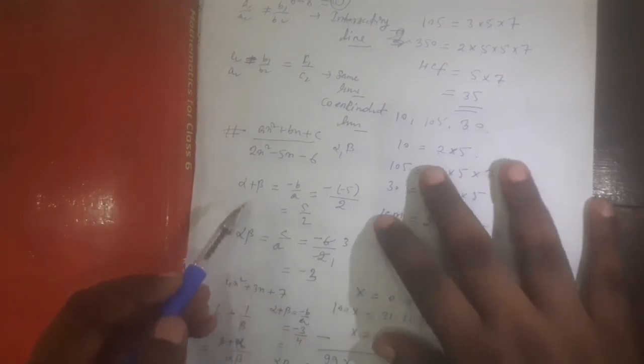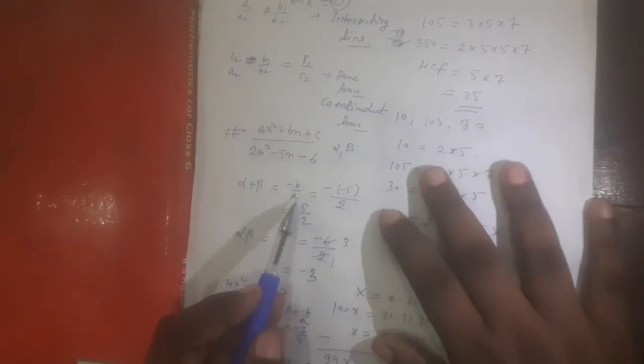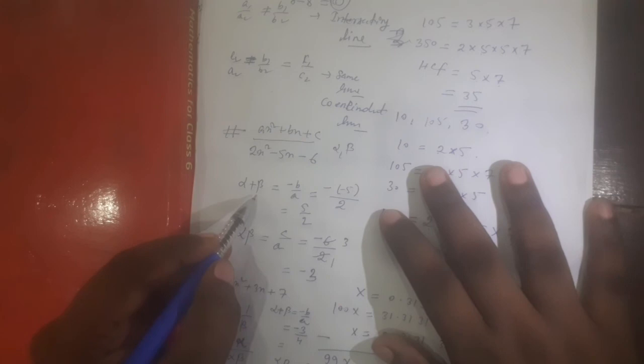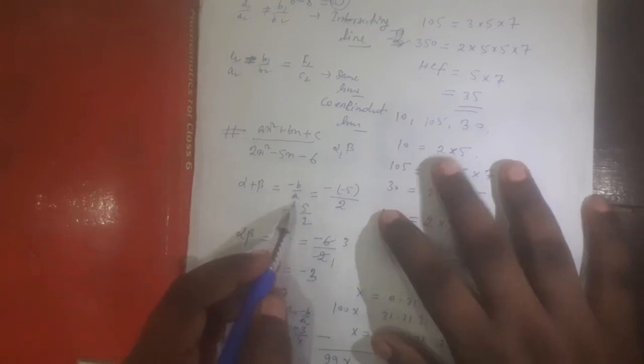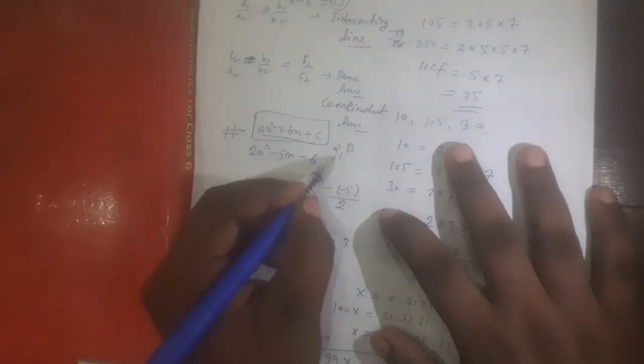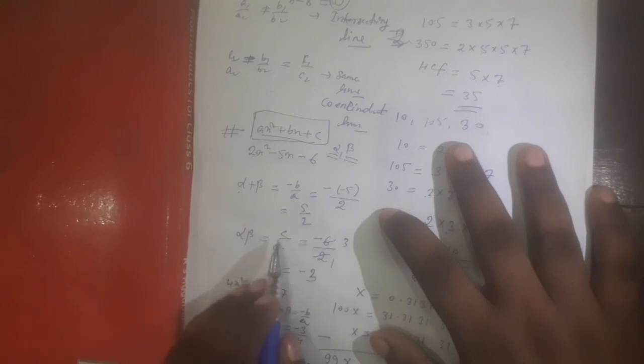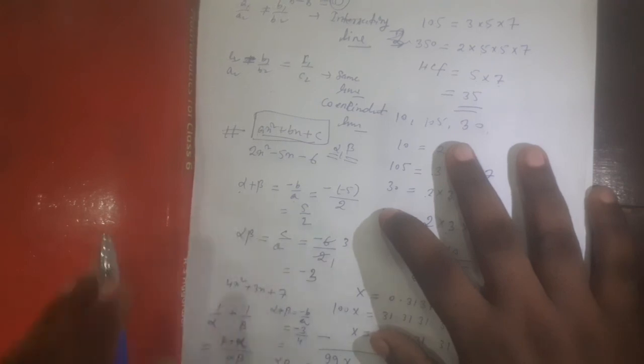Alpha plus beta, the sum of zeros, is minus b upon a, and alpha into beta is equal to c upon a, which is the relation between zeros and coefficients. Means one relation is for the sum of zeros and another relation is for the product of zeros.